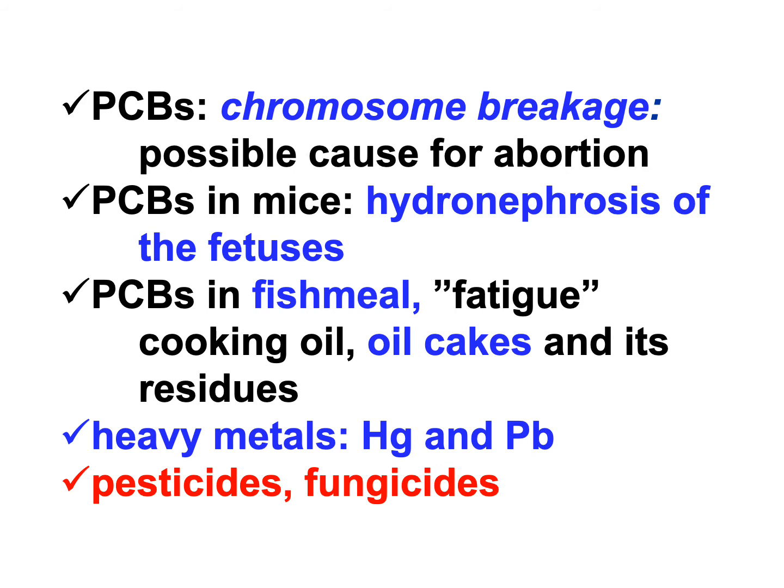The PCBs can be found in fish meal because, by underwater pollution, they can get into the oceans and into the fish body. Also fatigued cooking oil, if used many times, will accumulate dioxins beside the PCBs. The oil cakes and residues, and solvent meals like soybean and fish meal, may also contain PCB traces.